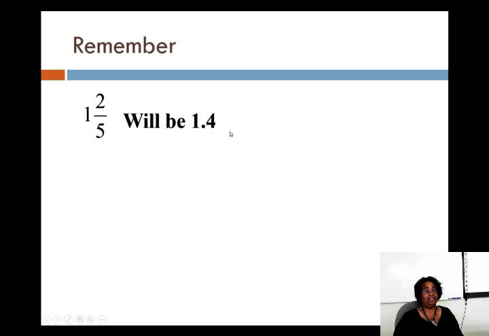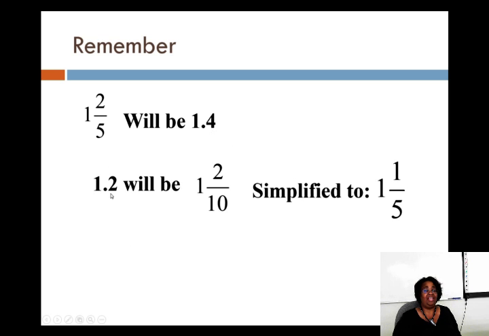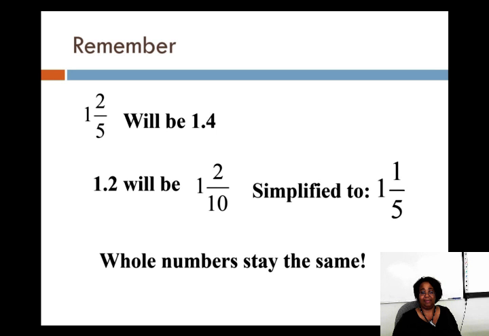These are equivalent. 1 and 4/10 is the same as 1 and 2/5. I can reduce by 2 and I get 1 and 2/5. Remember, if you have a fraction that can be reduced, go ahead and reduce it. Remember also, the whole number in a fraction stays a whole number in the decimal form as well.